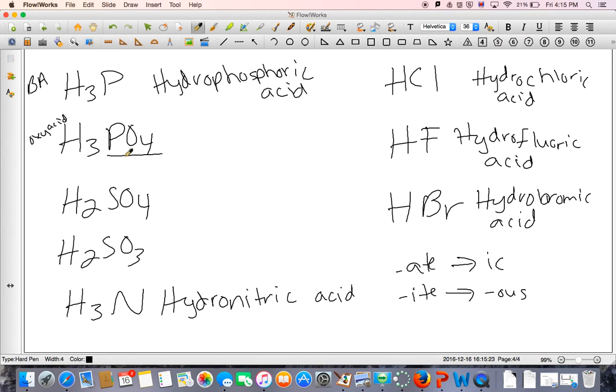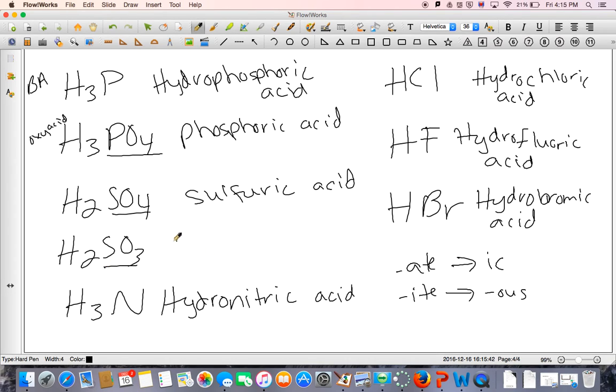It was phosphate if you look it up on your common polyatomics, so it becomes phosphoric. SO4 was sulfate. It becomes sulfuric. SO3 was sulfite, sulfurous acid. So the ates go to ic and the ites go to ous.